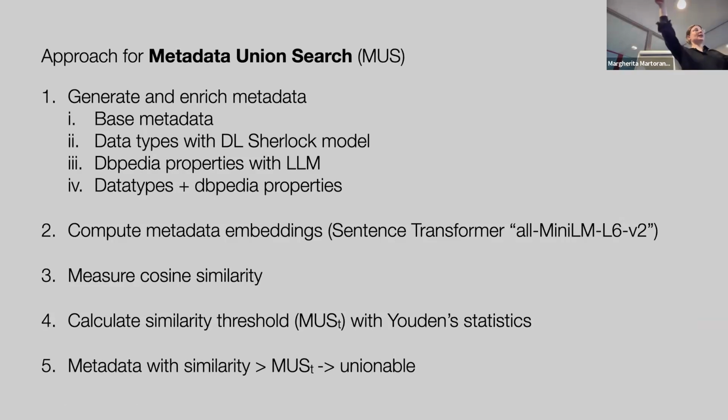And then we checked in the benchmark if this specific pair was unionable or not. So if a pair had a cosine similarity of, say, 0.7, the benchmark told us this pair is unionable. And then we calculated this over all of the pairs that we had.